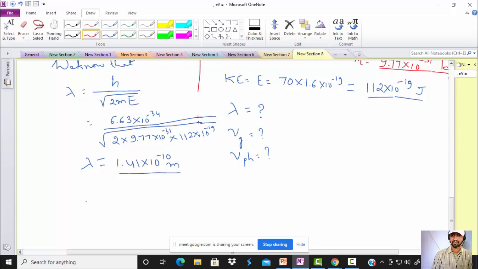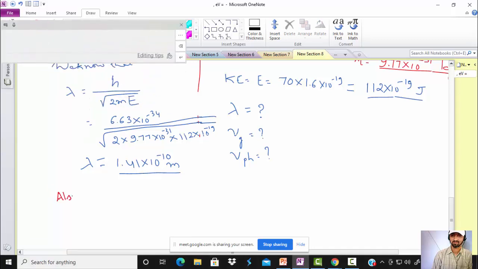The next is to determine the group velocity and phase velocity. Which will be the preferred equation now? First you go for the group velocity calculation, or velocity calculation in simple words. Okay, now let's go for the fundamental equation of the de Broglie wavelength. We know that the de Broglie wavelength lambda equals H upon mv.